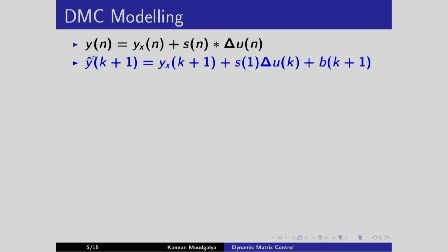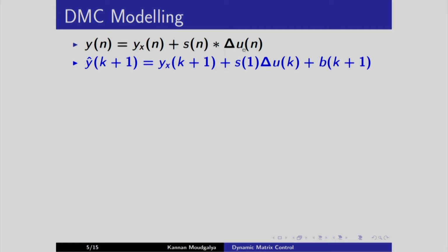Instead of writing it as Y, we will write it as Y hat, and we will start with k plus 1. The current time instant is k, so we are predicting the plant output at the next time instant, Y of k plus 1. Because it is an estimate, we put a hat here.